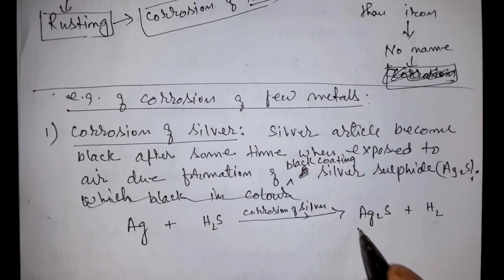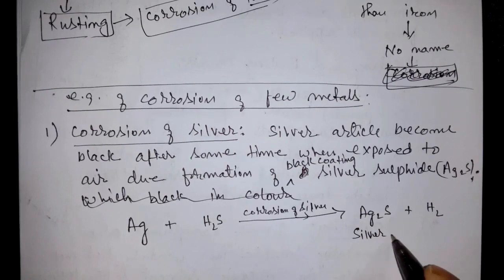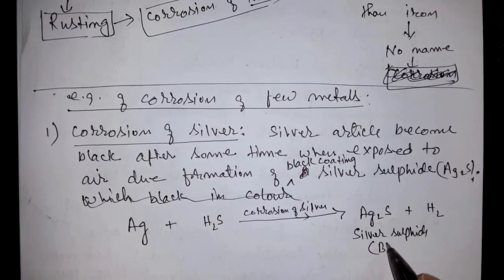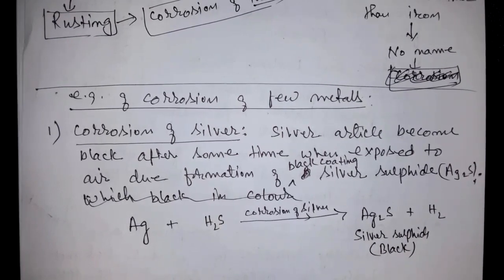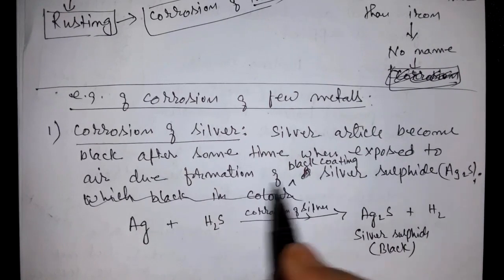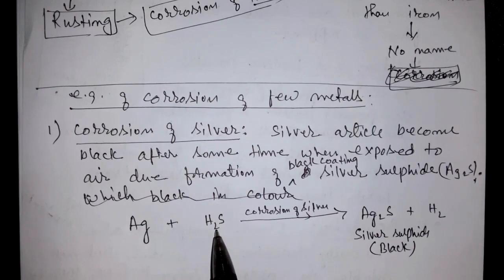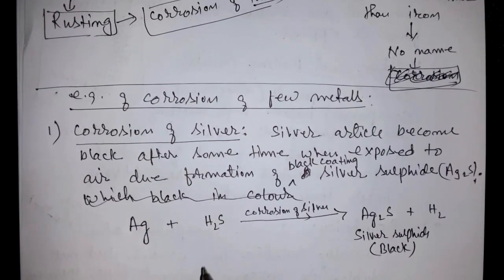So this compound is silver sulfide, and this compound has black color. The textbook is saying that silver will react with the sulfur, but that sulfur will come from H2S.